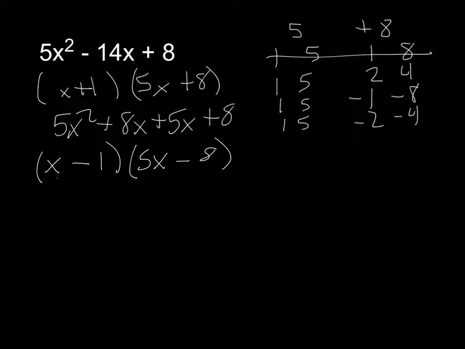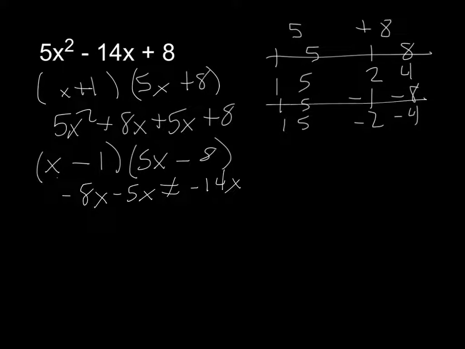All right, now doing just the outer and inner, outer is giving me a negative 8, inner is giving me a negative 5. So that's going to be a negative 8x and a negative 5x, which does not equal negative 14x, does it? No. So I can cross off that one.